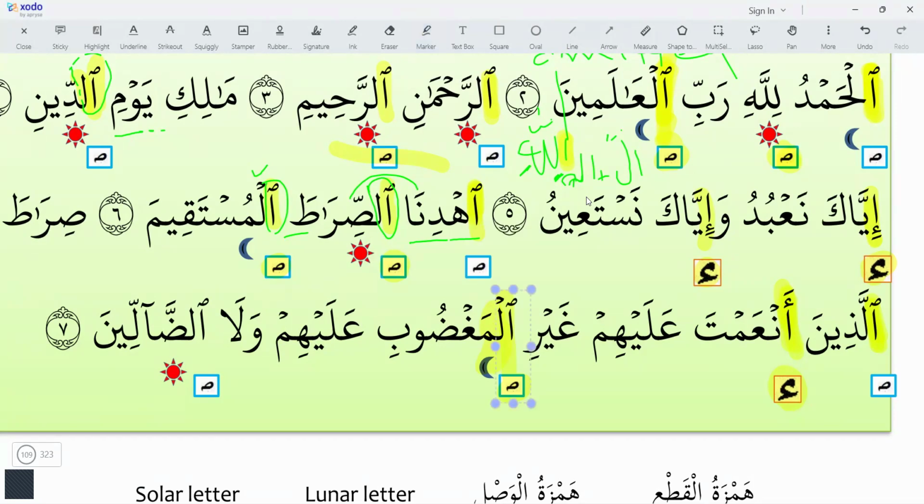Okay, good. Then waladdallin. This is Hamzatul Wasl and this is Huruful Shamsiyah, because we don't pronounce the lam. Okay, good.